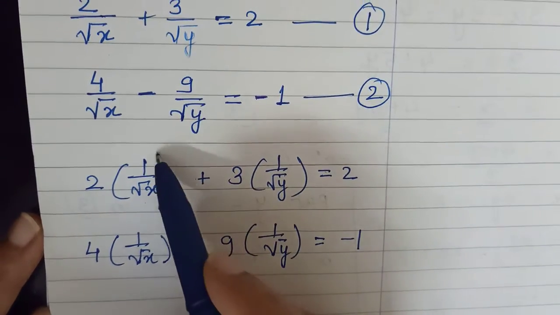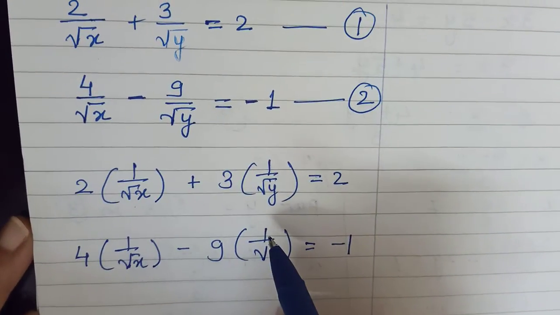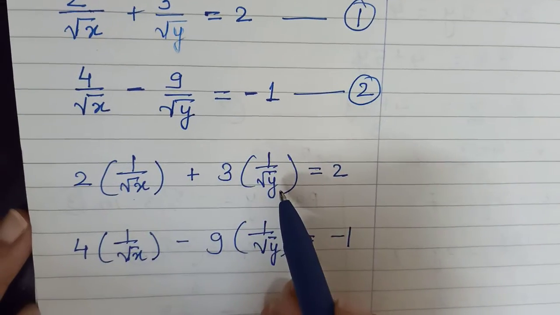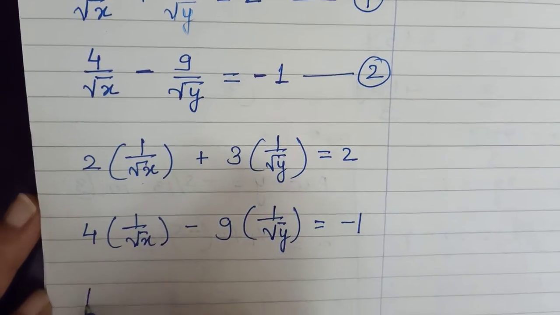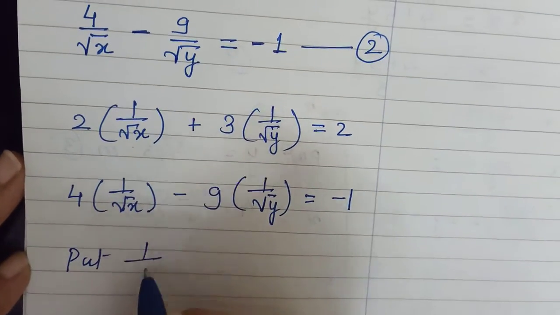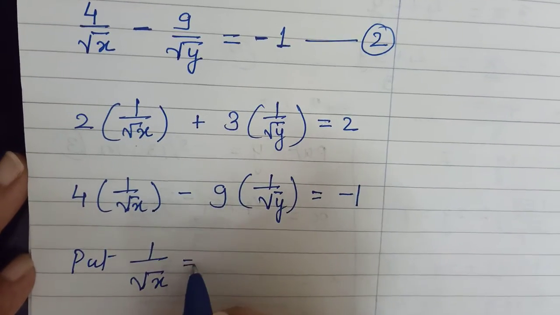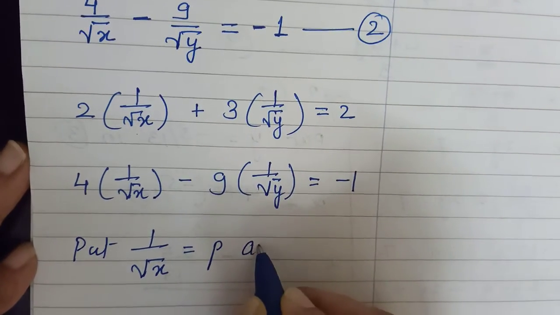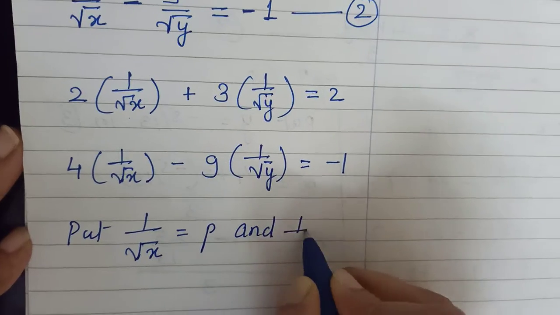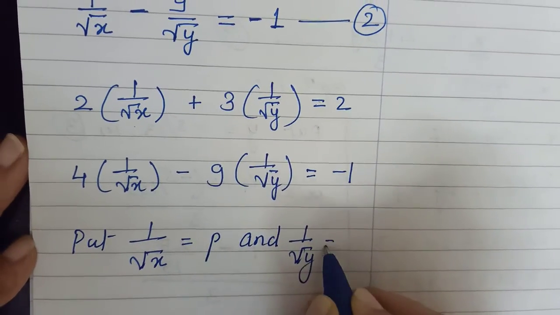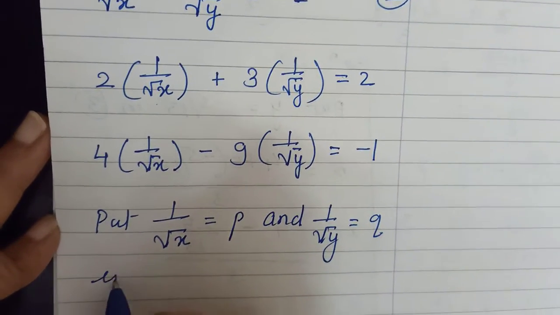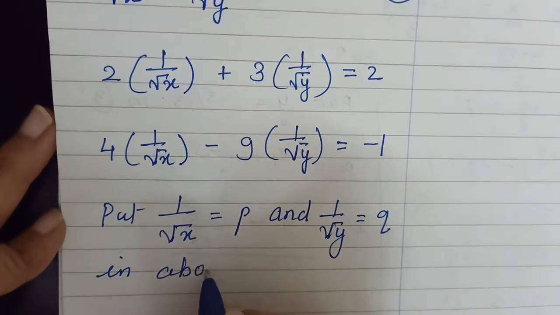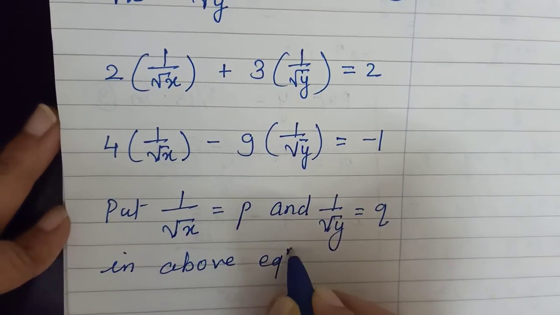Here also 1 upon root x, 1 upon root y. Now we can replace this bracket term with some other variable. So let us put 1 upon root x equals p, and 1 upon root y equals q in the above equations.